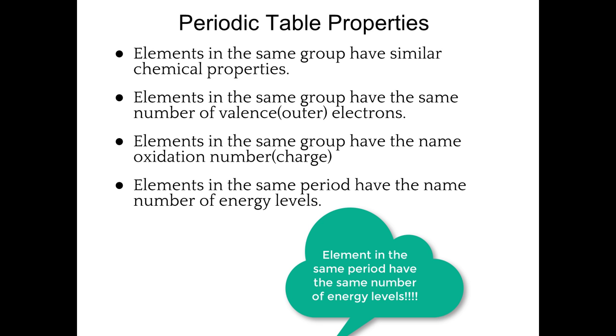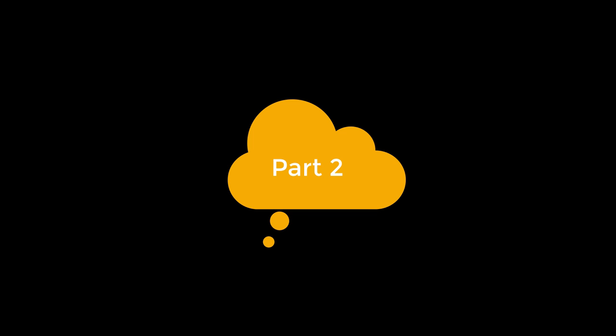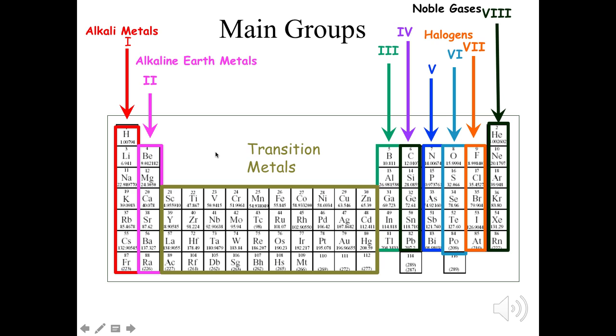And then elements in the same period have the same number of energy levels. So as we look at the periodic table, which has identified the main groups for you, I want to take a look now at valence electrons, charges, and chemical properties.